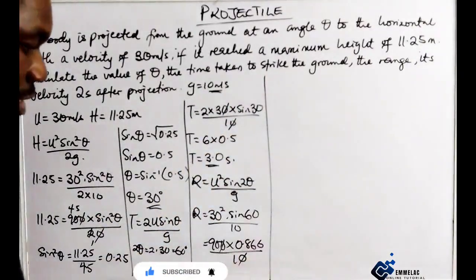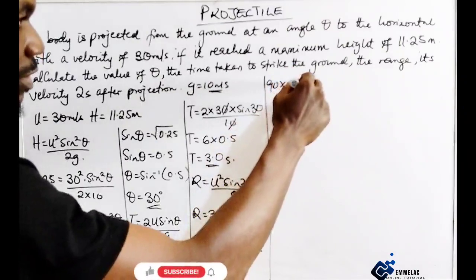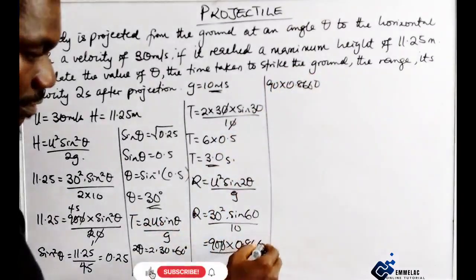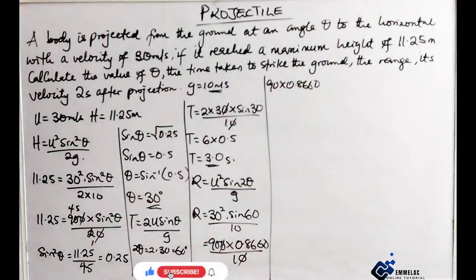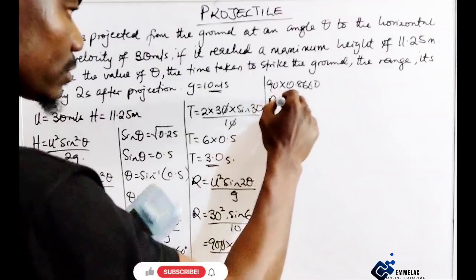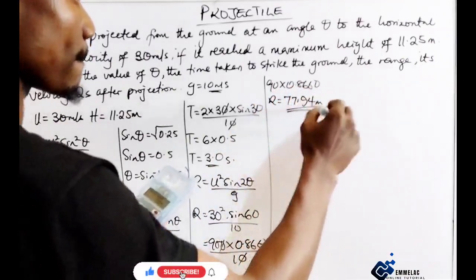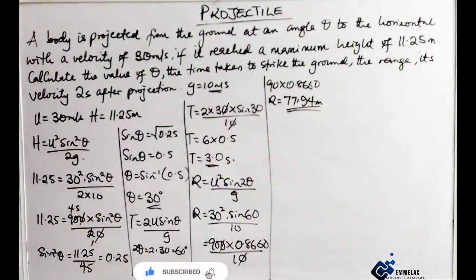So we are left with 90 times 0.8660. Punching our calculator, the range gives us 77.94 meters.